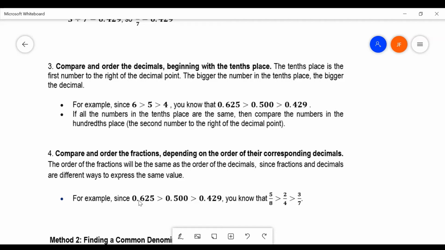Since 625 thousandths is greater than 500 thousandths, greater than 429 thousandths, we know that 5/8, which corresponds to 625 thousandths, is greater than 2/4, which corresponds to 500 thousandths, greater than 3/7, which corresponds to 429 thousandths.